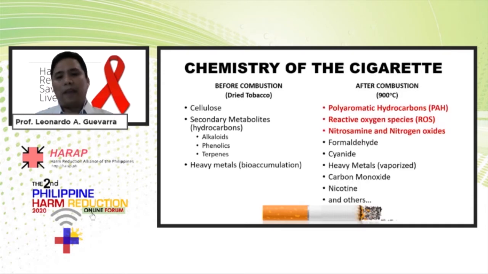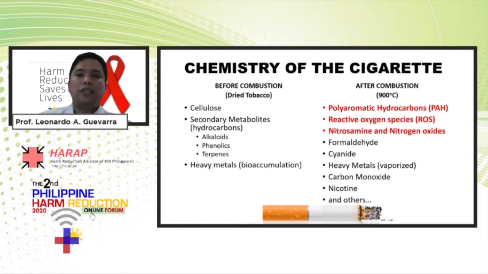So in effect, during pyrolysis, which reaches up to 900 degrees Celsius, you produce polyaromatic hydrocarbons. A good example of that is benzo[a]pyrene, which is a known carcinogen, the primary carcinogen in cigarettes. You also have reactive oxygen species, nitrosamine and nitrogen oxides, formaldehyde, cyanide, heavy metals, which are vaporized, carbon monoxide, and nicotine.